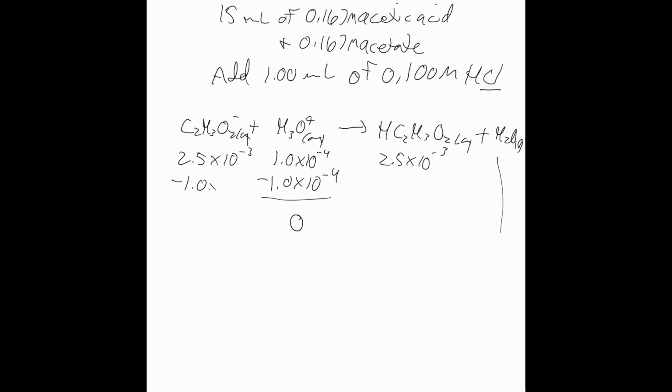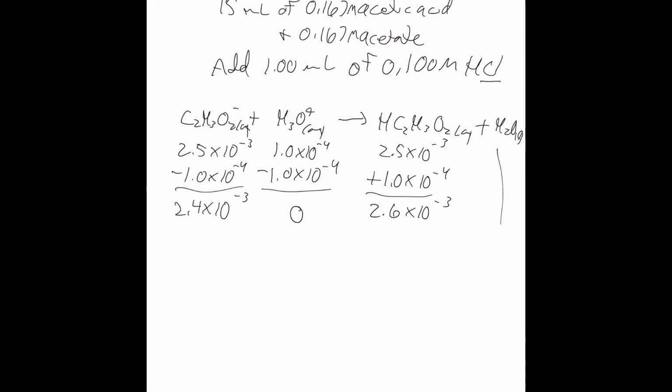Then we subtract 1.0 times 10 to the minus 4 from the base, since it reacts away that amount, so that's 2.4 times 10 to the minus 3. And it's going to generate 1.0 times 10 to the minus 4 moles of acetic acid, so we get 2.6 times 10 to the minus 3 moles. So those are our moles.